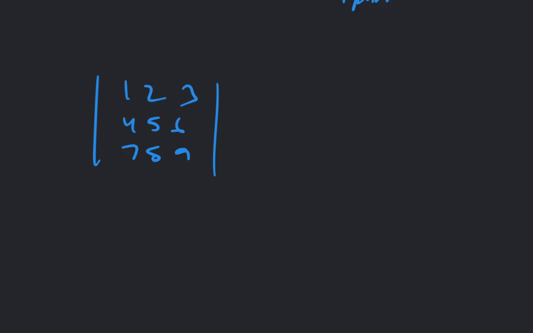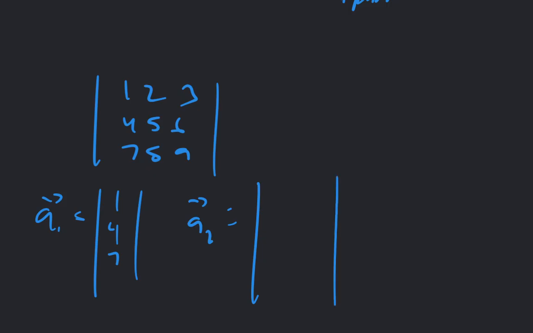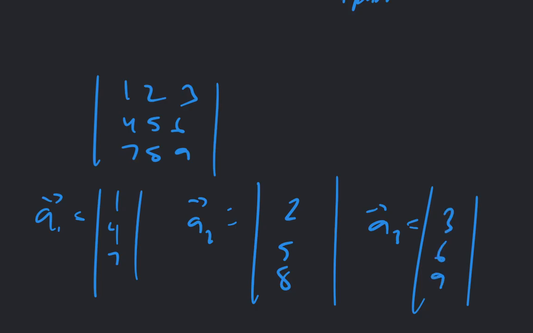For example, let's start with that same matrix from earlier. The first vector is 1, 4, 7. The second vector would be 2, 5, 8. And the third vector would be 3, 6, 9.